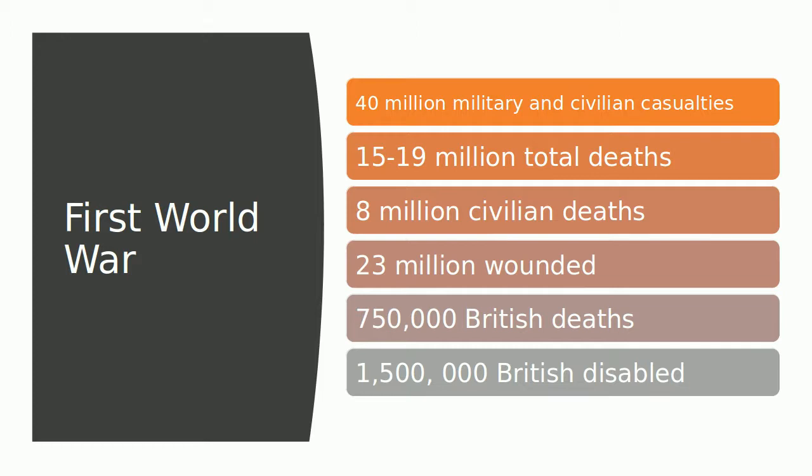But then we also have to remember that this conflict, as I've already indicated, included not just those based in Europe, in Britain, France, Germany, and so on, but also the massive colonial empires that the big powers such as Britain had. And so immediately Britain, France, Germany, and others declared war. That also involved millions of people in the colonial empires. And as you can see there, it involved about 4 million people from the colonial empires.